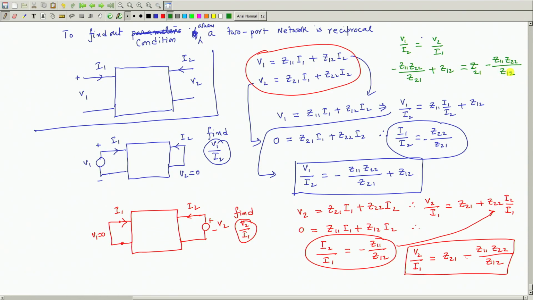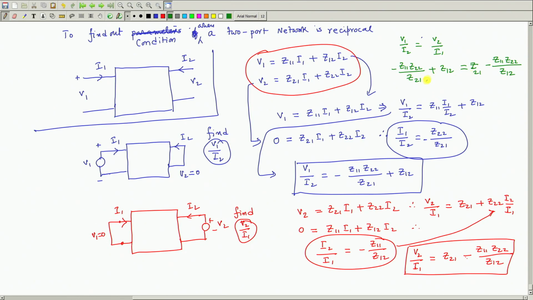It will be like this, is it? Therefore, from this we can conclude that these two will be true if Z 1 2 is equal to Z 2 1.